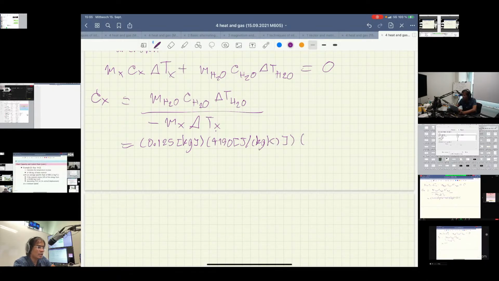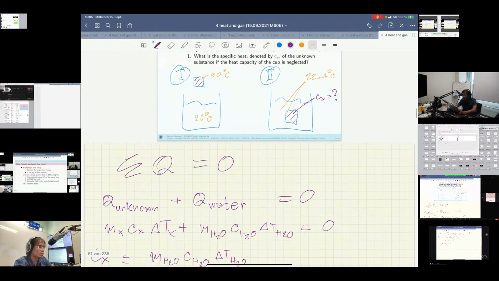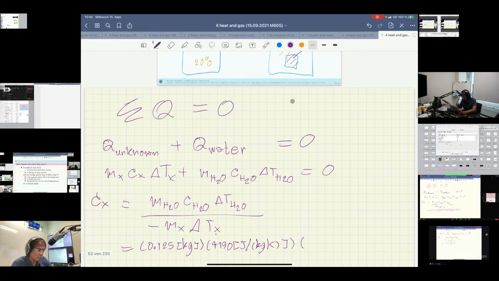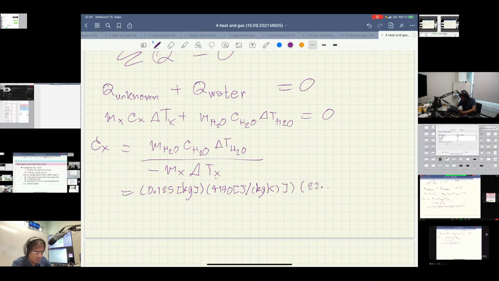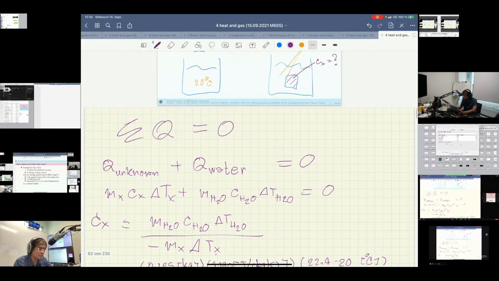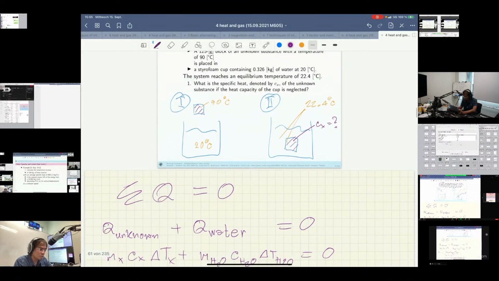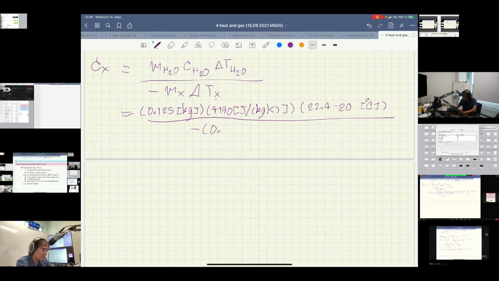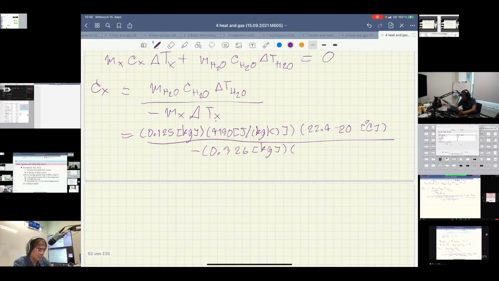And delta T is the final temperature of the water, which is 22.4 minus 20, in degrees Celsius, divided by the mass of the unknown object, which is 0.326 kilogram, and the delta T for this one is the final state, 22.4 minus 90 degrees Celsius, right?